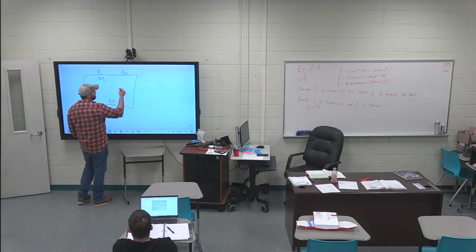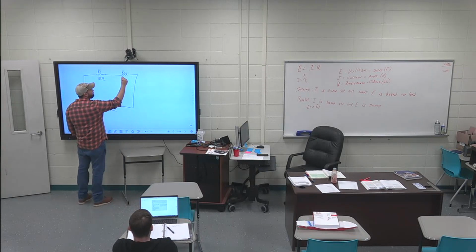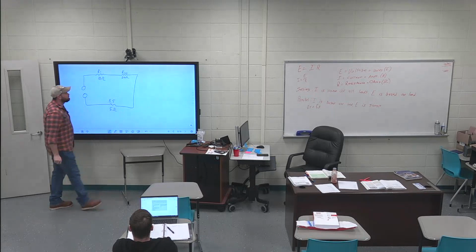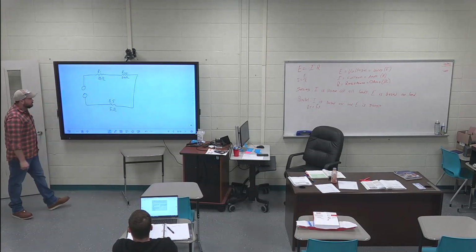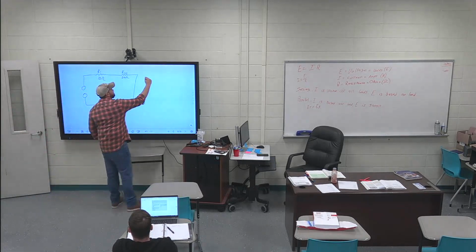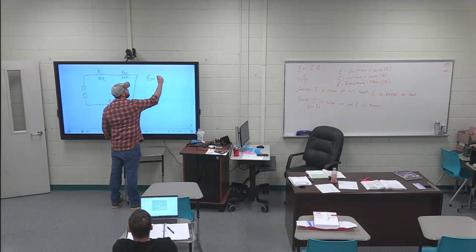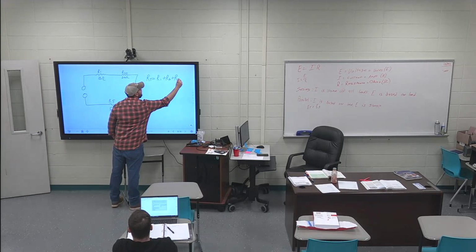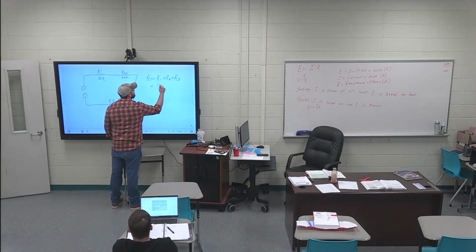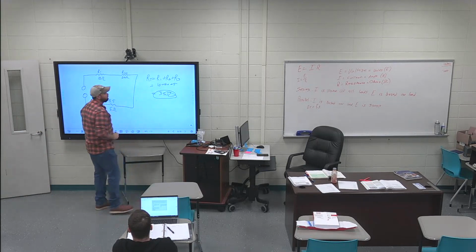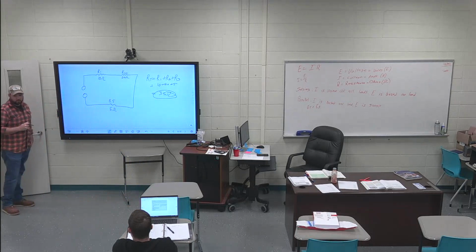What was the equivalent of that? 20 ohms. What kind of circuit is this? Series. What's my equation for series circuits? Same thing, right? R1 plus R2 plus R3. Plus 10 plus 20 plus 5. 35. Good?